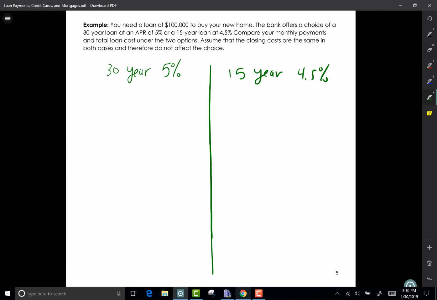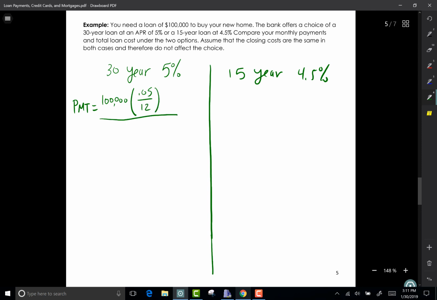Okay, so let's figure out what our payment would be for each loan. I take my principal, which is $100,000, times my APR over monthly payments, so it's 12.